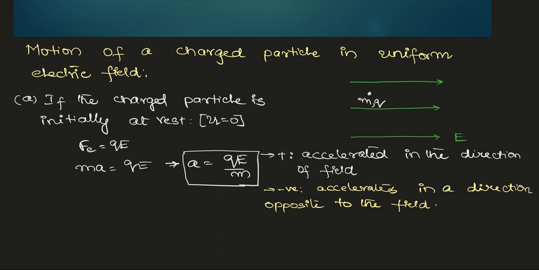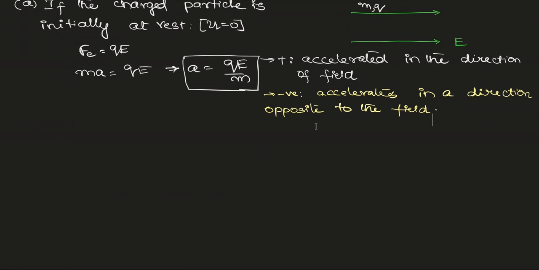Based on this, they will ask you for the velocity after a certain instant of time, as well as the displacement of the particle. Most of the questions will be like that only. If they ask for the velocity of the particle, we use v = u + at, and as it starts from rest, u is 0, so a is qE by m into t.